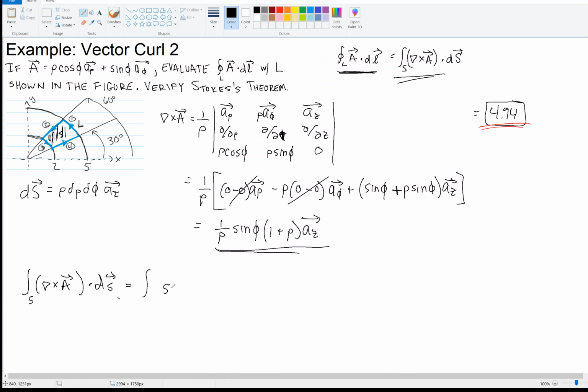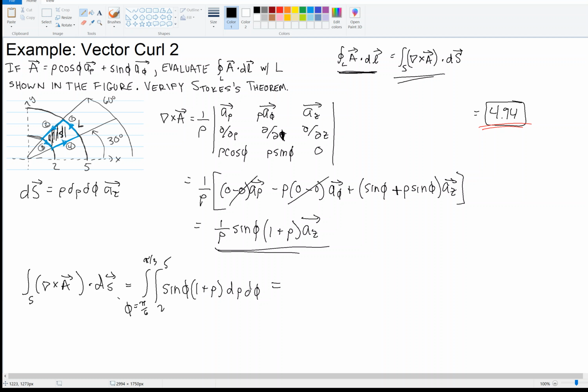And then I have sine phi times 1 plus rho d phi. And I ask myself, well, how are rho and phi changing? Well, phi changes from pi over 6 to pi over 3. Okay, and rho changes from 2 to 5.